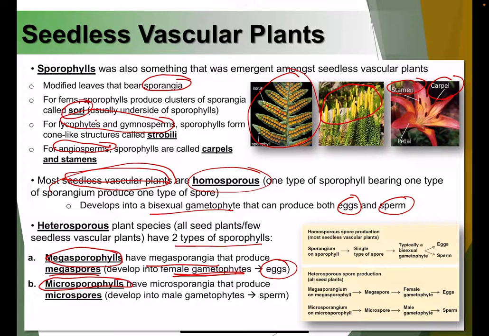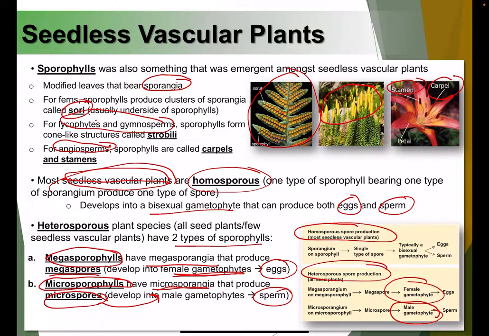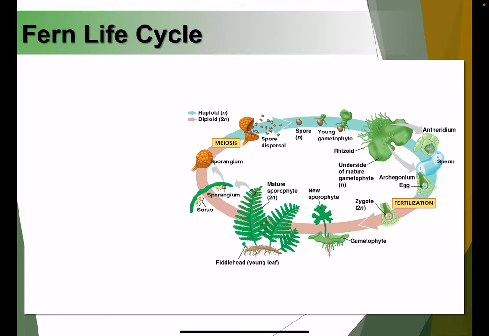Microsporophylls will have microsporangia that will produce microspores that will eventually develop into the male gametophytes and produce the sperm. So that's why heterosporous plants will have female gametophyte production and also male gametophyte development. Whereas with homosporous spore production, you only have one type of spore, which means they have to be bisexual, being able to make egg and sperm within the same plant.